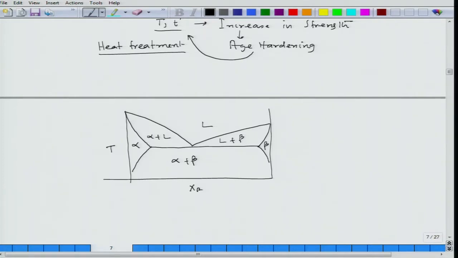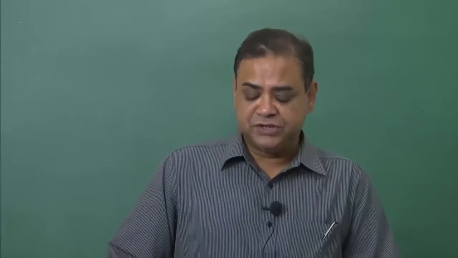The axes are temperature and xB, this is A, this is B, and xB is basically the mole fraction. This particular temperature is the eutectic temperature, and this is the eutectic composition. The entire diagram has been drawn on the basis of equilibrium between different phases, and when we talk about equilibrium, we are drawing free energy composition diagrams.